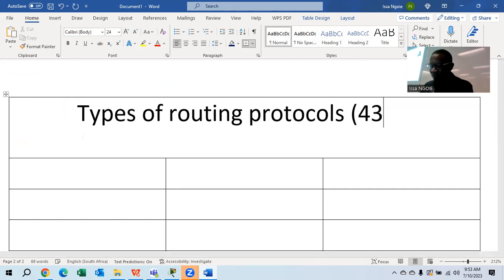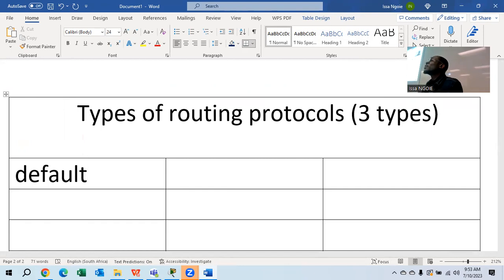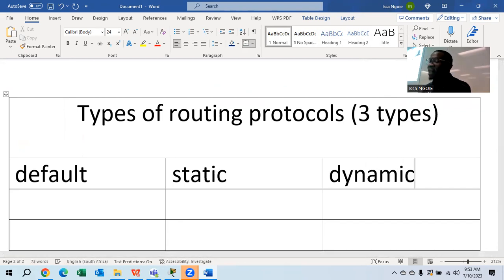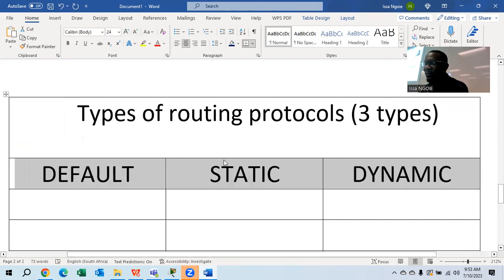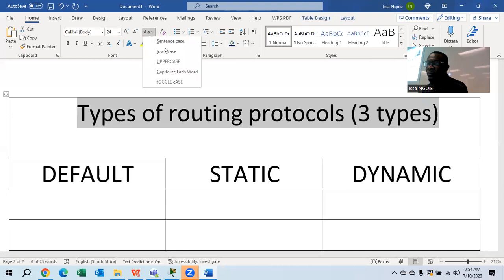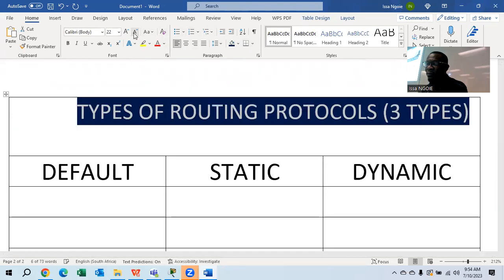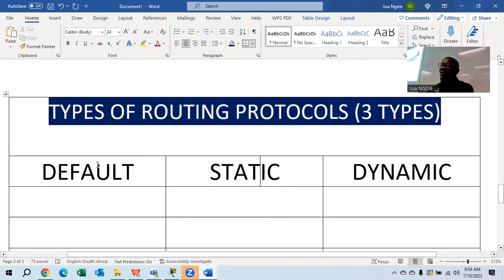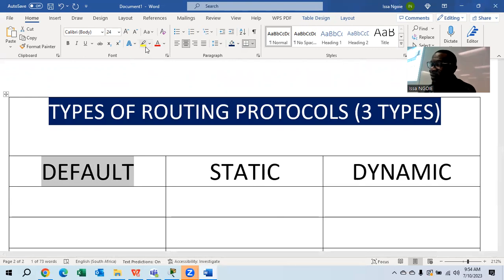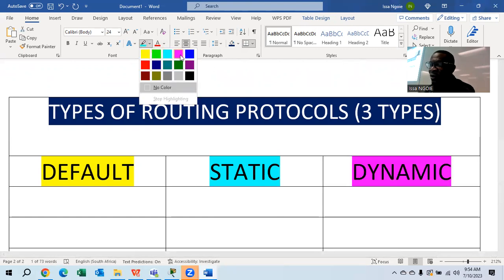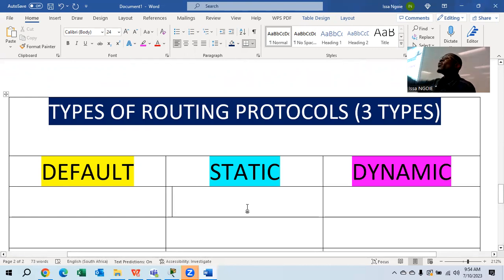So we say that there are 3 types, right? The first one is what? The default one. The second one is the static. And the last one is dynamic. Right? So we have the default one, we have what we call the static, and we have what we call the dynamic. Those are the three types of routing protocols.